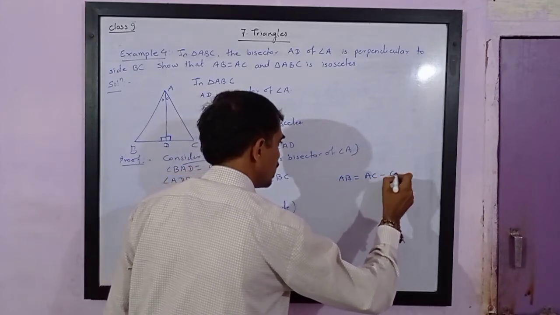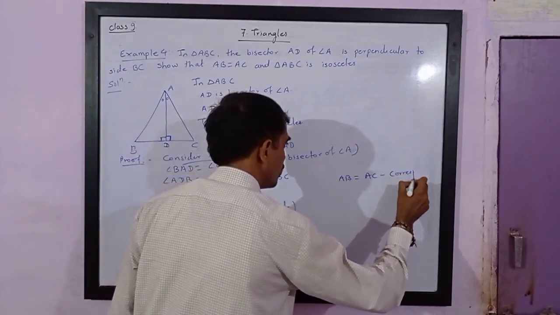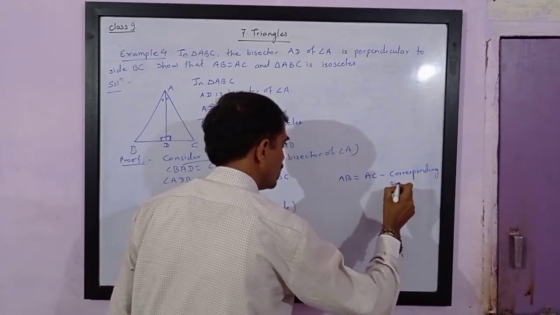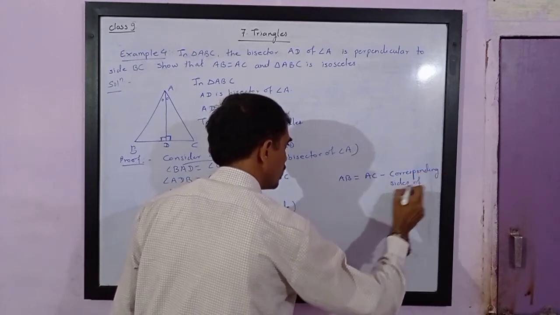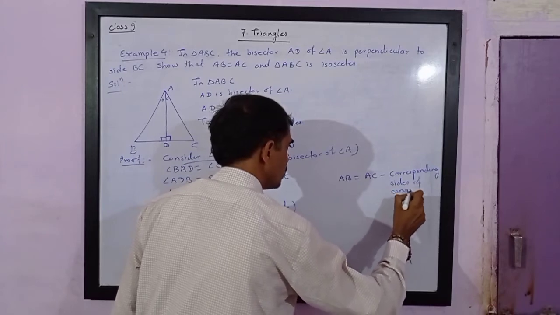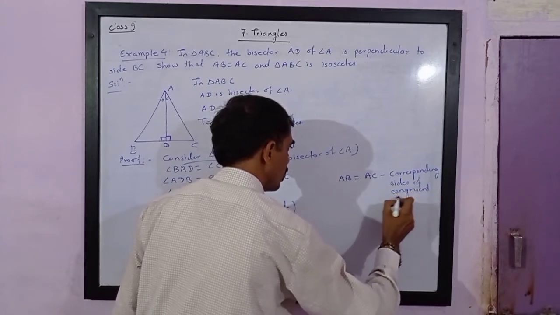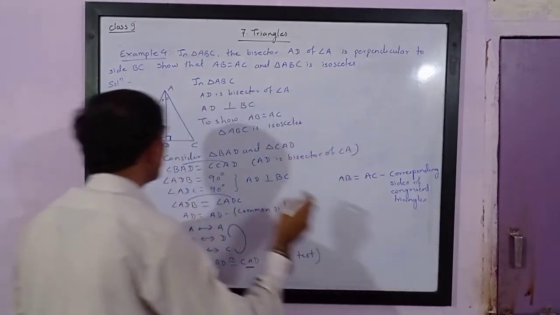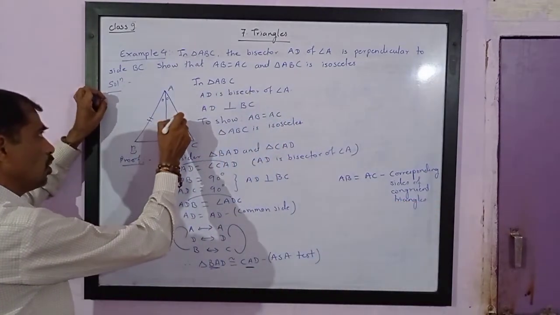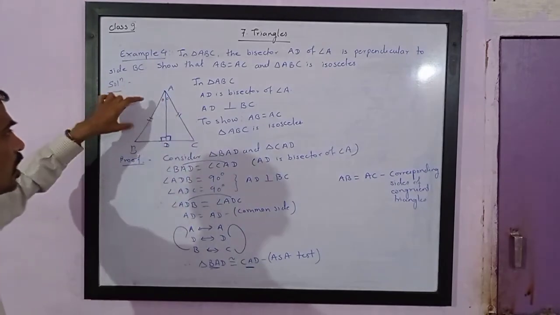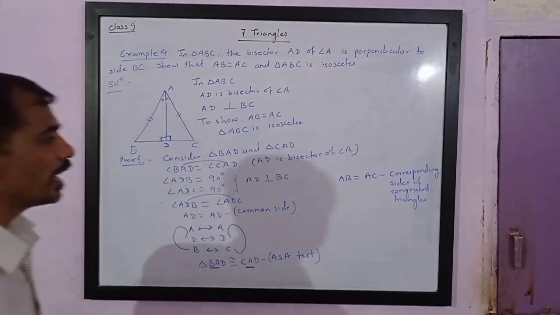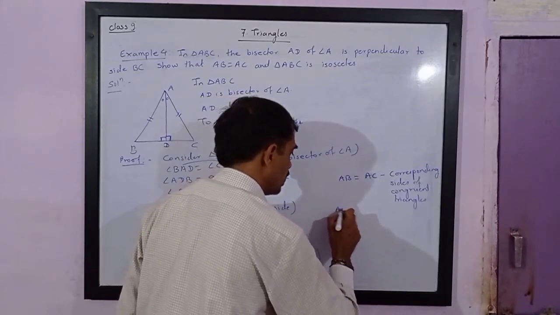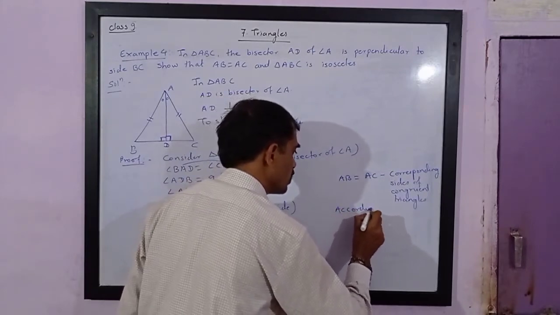Reason: corresponding sides of congruent triangles. So we have AB is equal to AC. Please note, two sides are congruent, so this triangle ABC can be called an isosceles triangle according to the definition of an isosceles triangle.